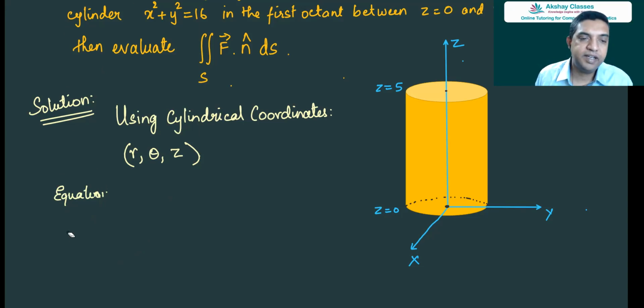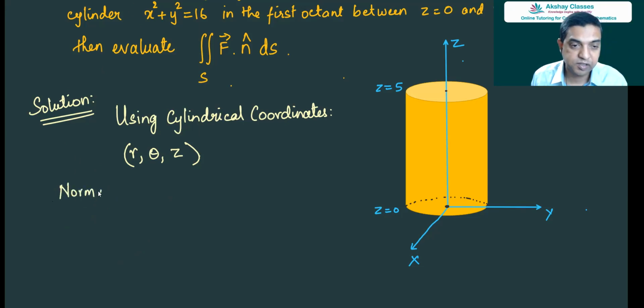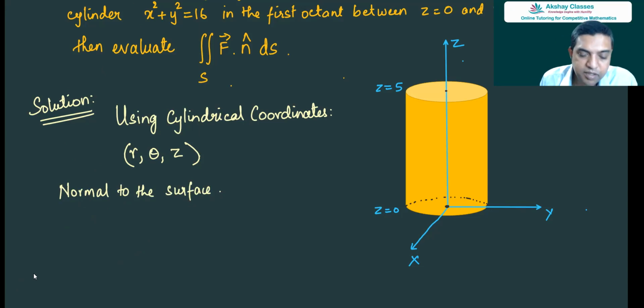The normal does not have any component along the z axis. It is only about the x and y axes. So you have x square plus y square is equal to 16.